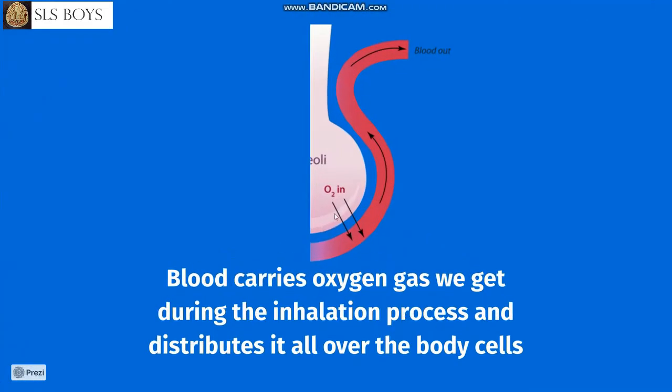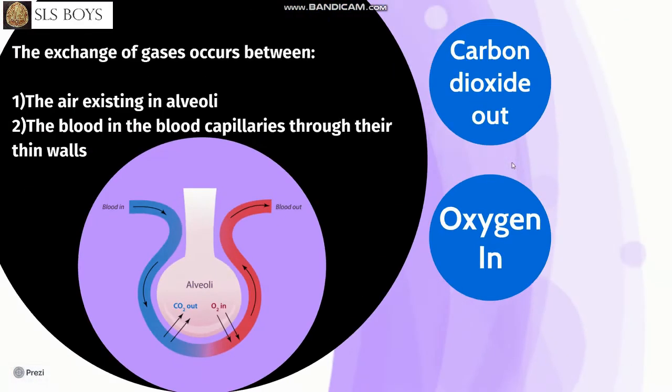But the oxygen gas goes in, which means that the blood carries oxygen gas that we get during the inhalation process and distributes it all over the cells. This is why we need oxygen and not carbon dioxide, and thank God lungs help us to eject carbon dioxide.